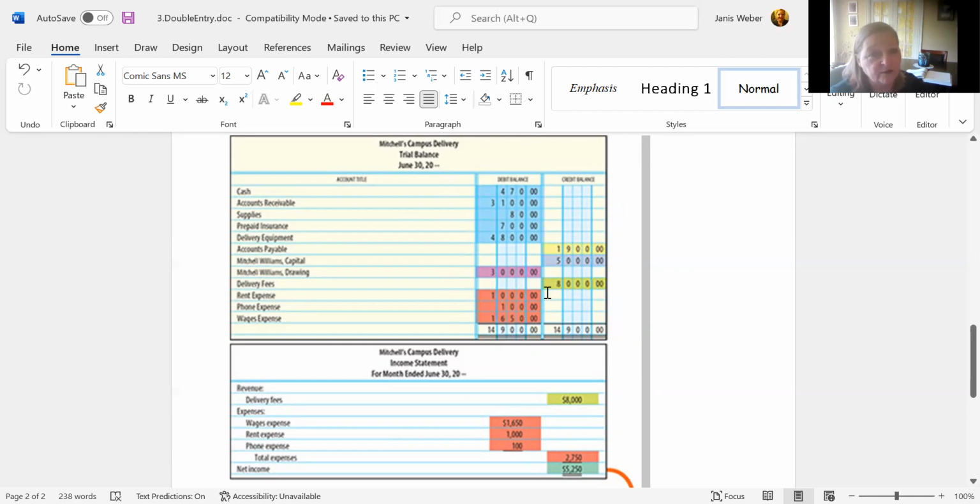You don't normally have color codes in your trial balance in real life, but they're just trying to show you the different types of accounts: asset, liability, capital, drawing, revenue, expense. So they're showing you different colors for each of those. Then once you have them all entered, you go to this bottom line here, and they don't even say what it is, but everyone knows that after you've listed them all, you leave one line for the tally.